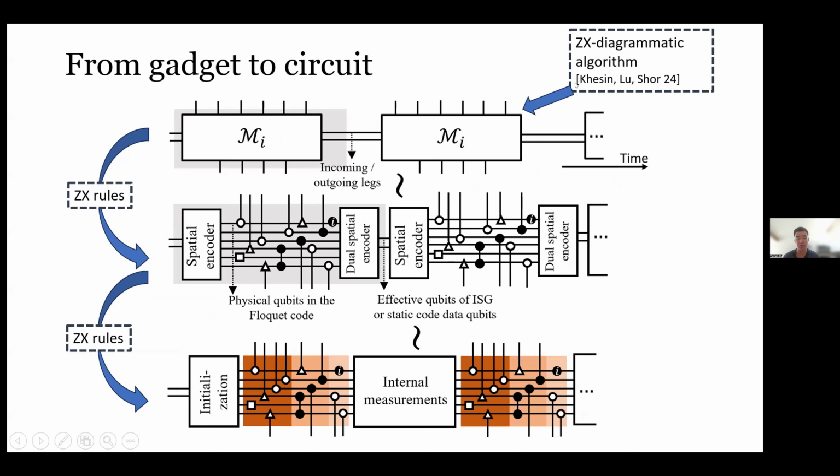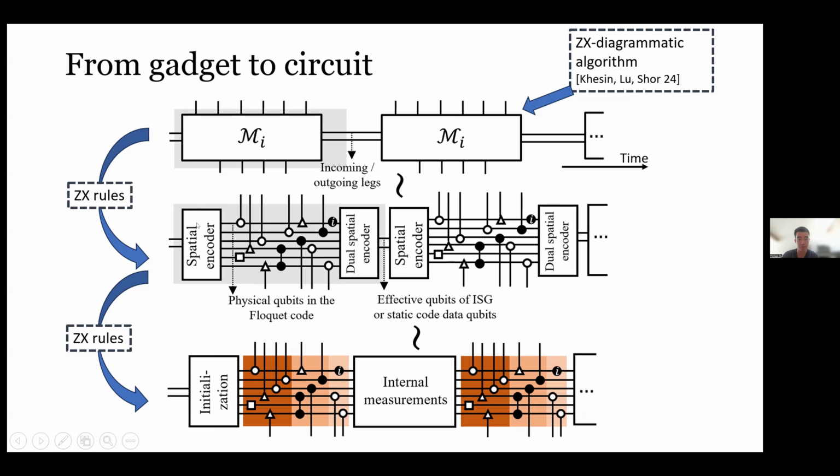This is a work that also appeared at the ZX Seminar by Andre Kessing and collaborators. You first draw the ZX diagram inside the small black box, which is the local gadget, and then you use ZX rules to bring the diagram inside this black box into the following form. It can have some messy local things inside the box, but most importantly, it has 3 stages.